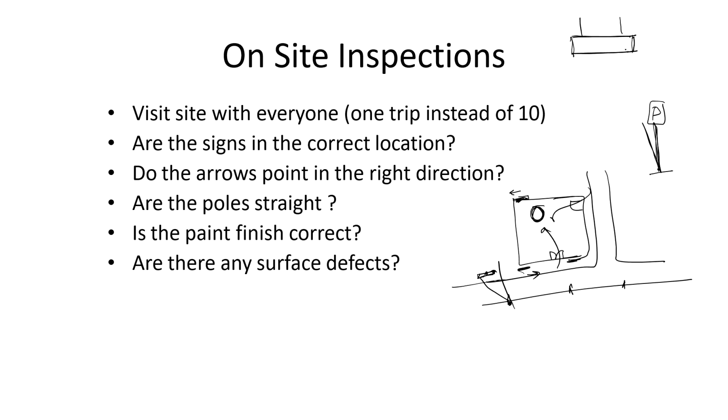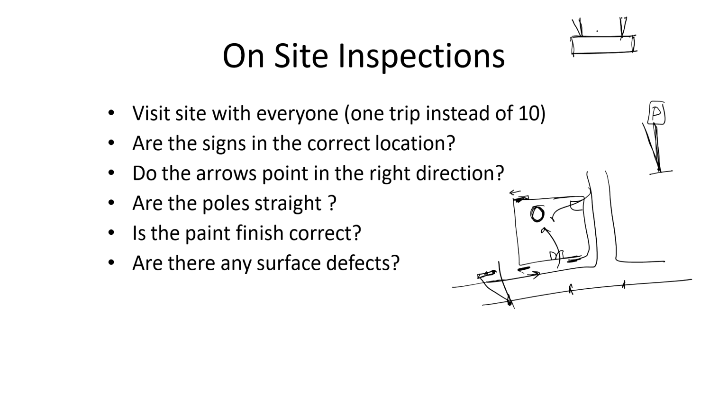We need to check them and note it. And even the wire cables are not straight, or they are like this. These are important visual elements and this cable has to be put straight. So, these notings have to come into the inspection part.